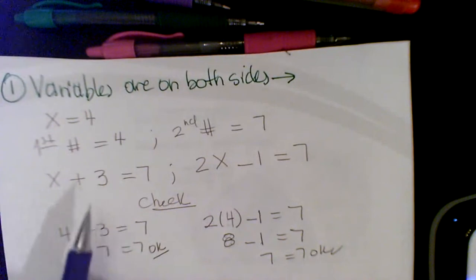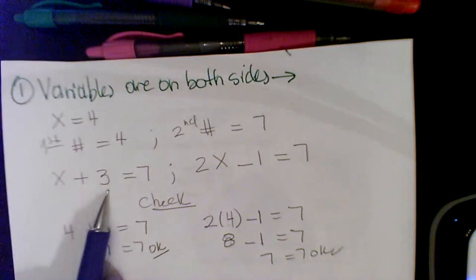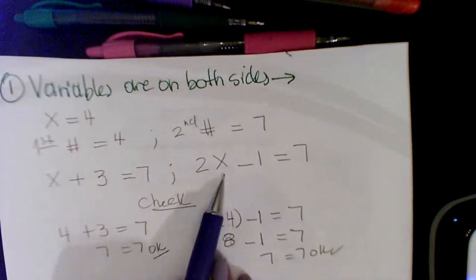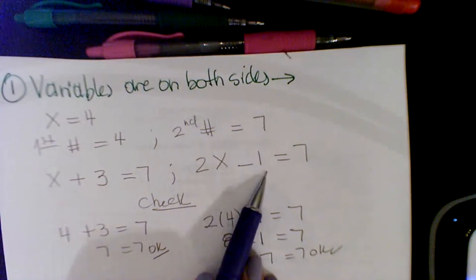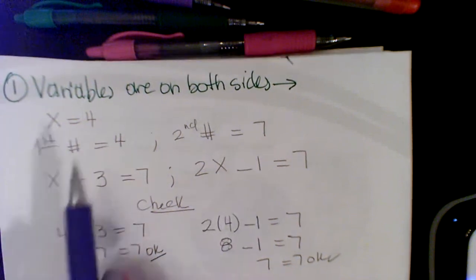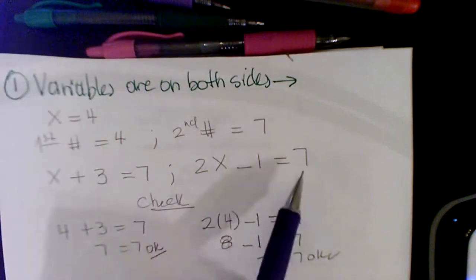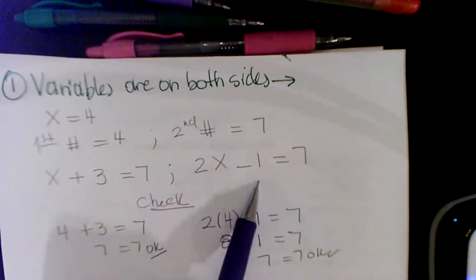This means that x plus 3 and 2x minus 1 are doing the same job. They're both turning 4 into a 7. Both equations.